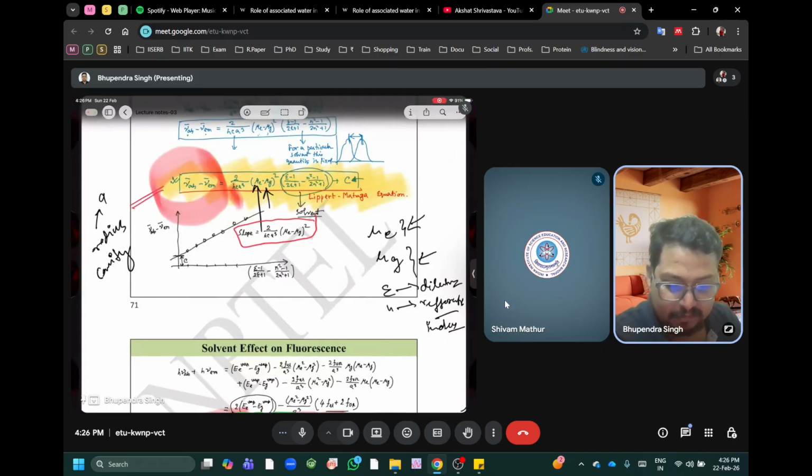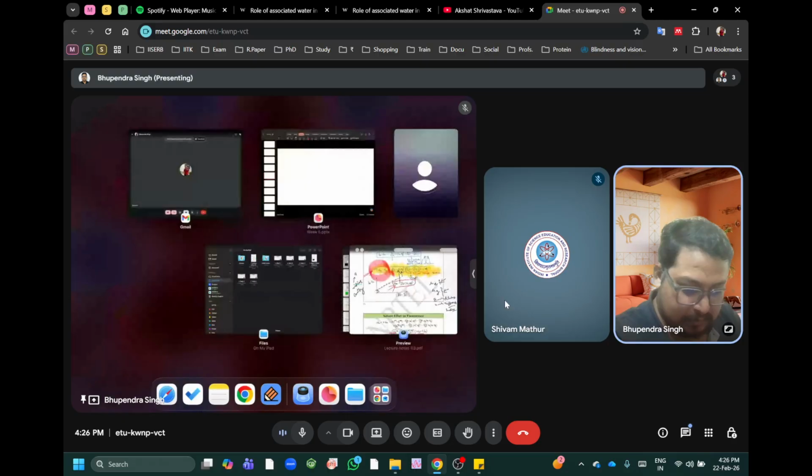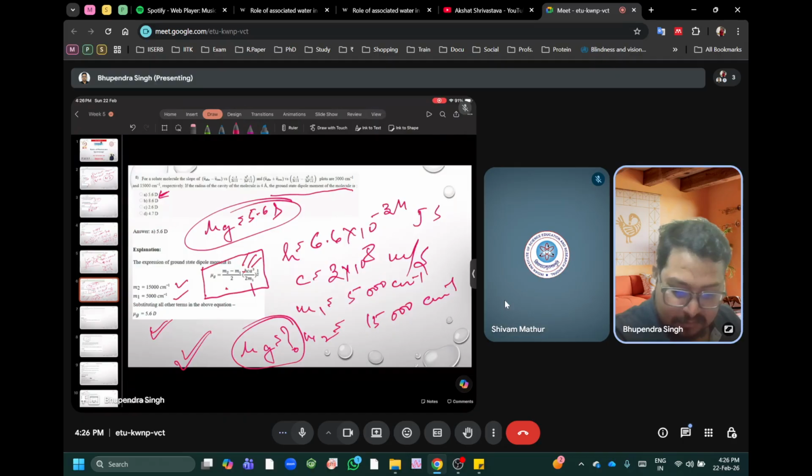This is a very important equation. According to this equation, you'll get this slope, and accordingly you can figure out the value of mu e for this question. This question I have already told anyway.